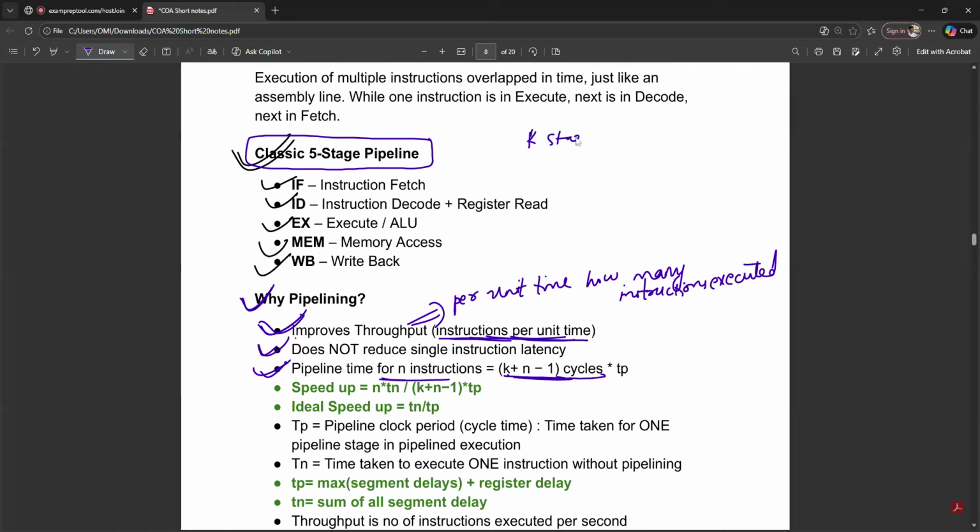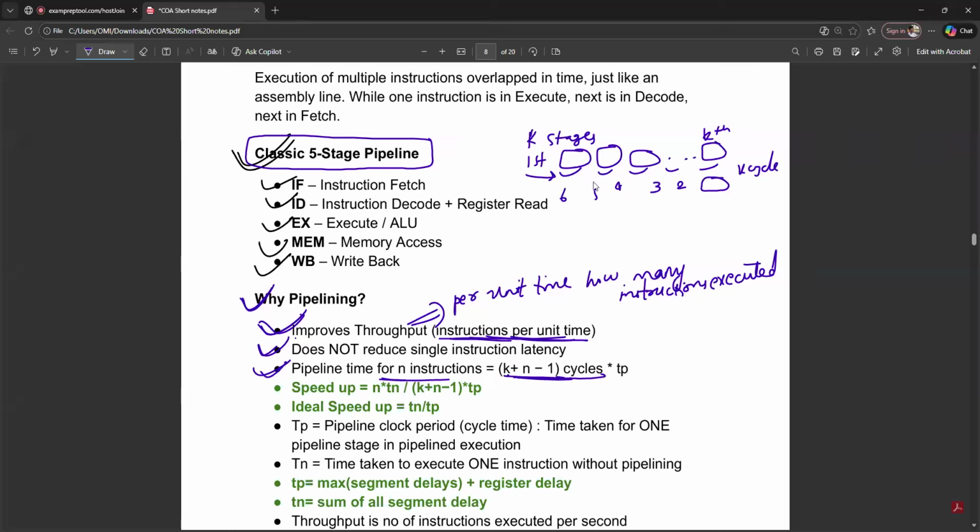The first instruction will take k cycles. As soon as the first instruction moves ahead, the second instruction reaches the first stage, the third follows, the fourth, the fifth, the sixth, and so on.